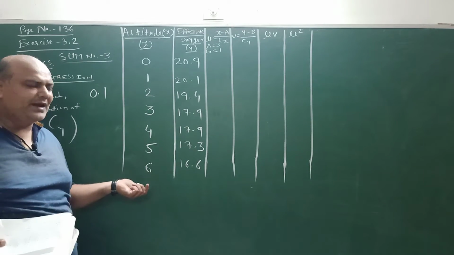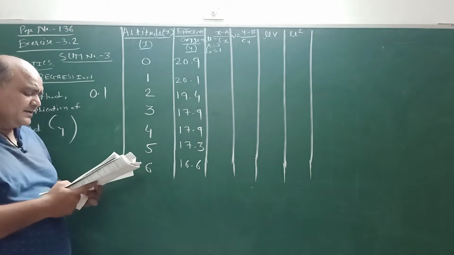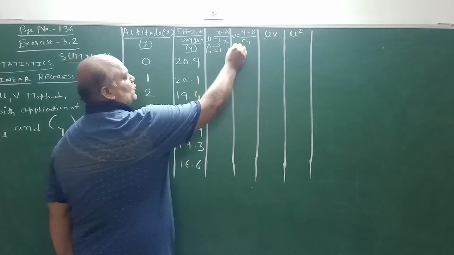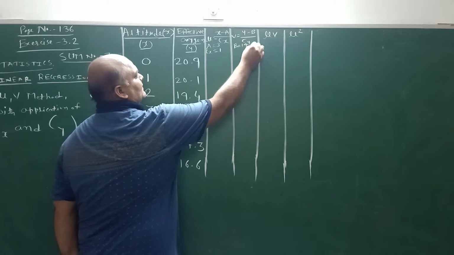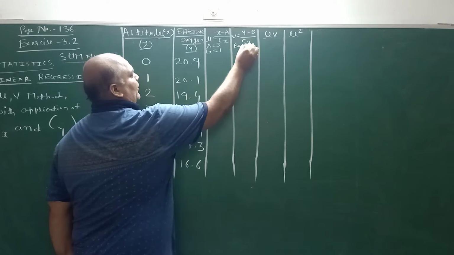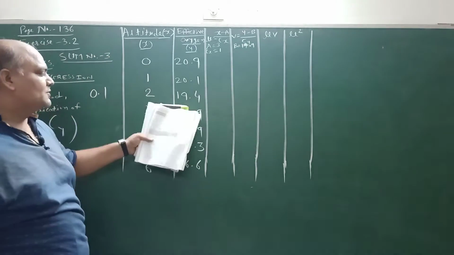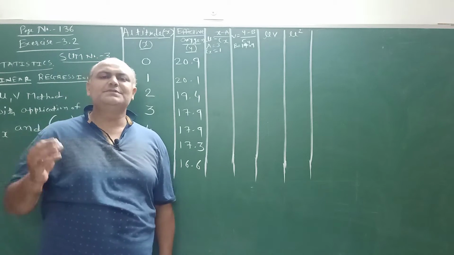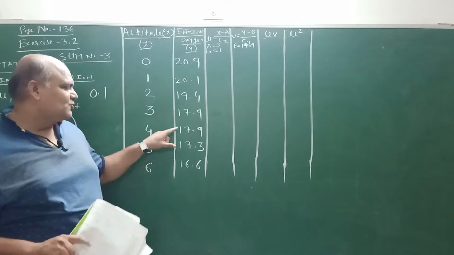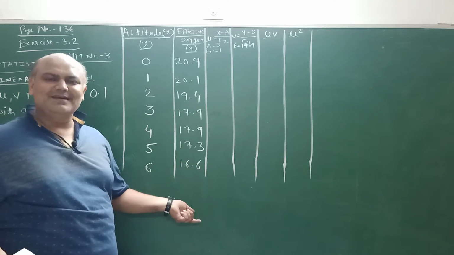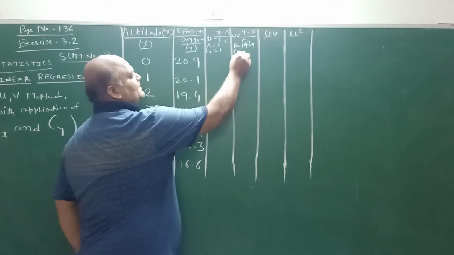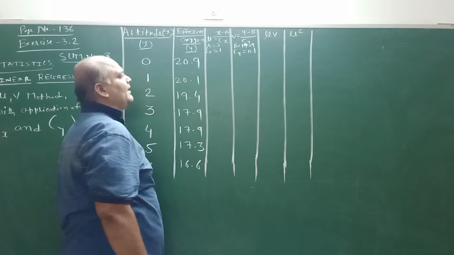And for b, we suppose 17.9, because it comes 2 times, so it becomes 0. If we suppose 17.9, then those 2 points automatically become 0. And all the digits of y are divisible by 0.1.